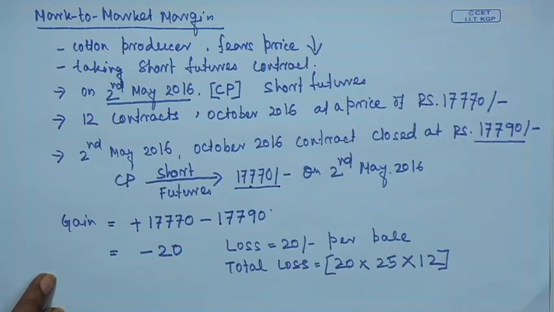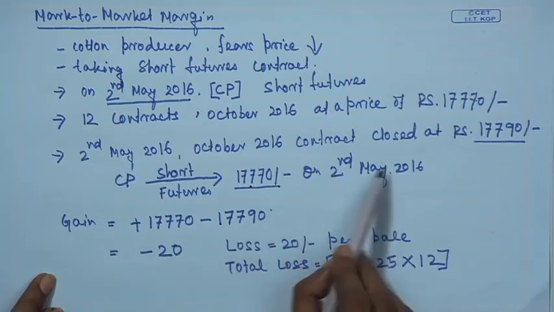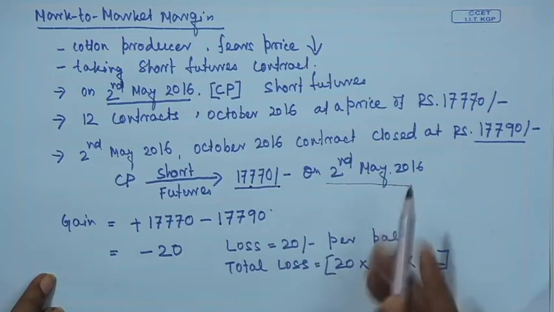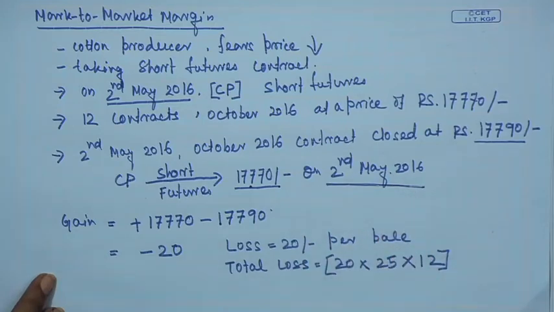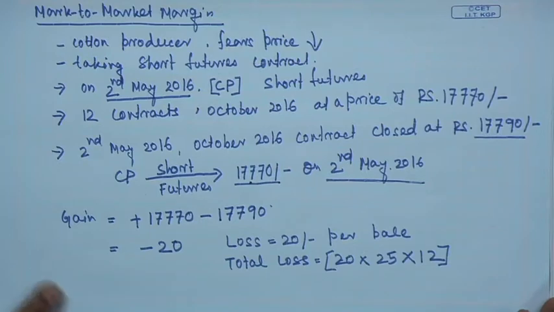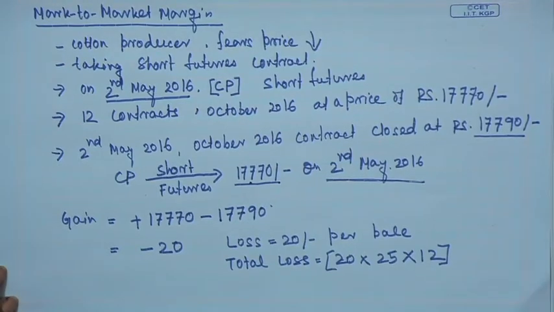As we all know, derivatives are a zero sum game. So the loss of the cotton producer is going to be the gain of the counterparty. By next day, that is 3rd May 2016, the cotton producer should be paying this amount of money to the counterparty.